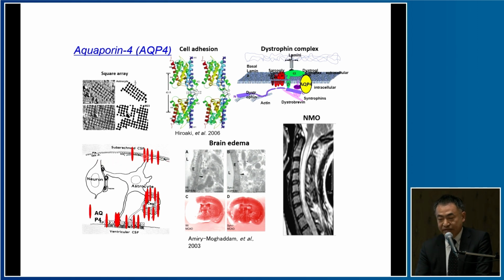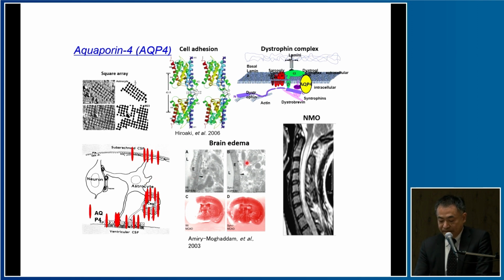This unique distribution clearly demonstrates that aquaporin 4 is only expressed at the interface between blood and brain parenchyma, and between CSF and brain parenchyma. These distributions suggest a role of aquaporin 4 in exchanging water between these compartments.